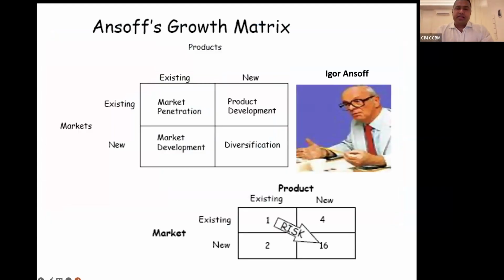Now we start by understanding one of the first strategy tools, Ansoff's matrix. Now, Ansoff says that there are 4 strategic options: market penetration, market development, product development, and diversification.